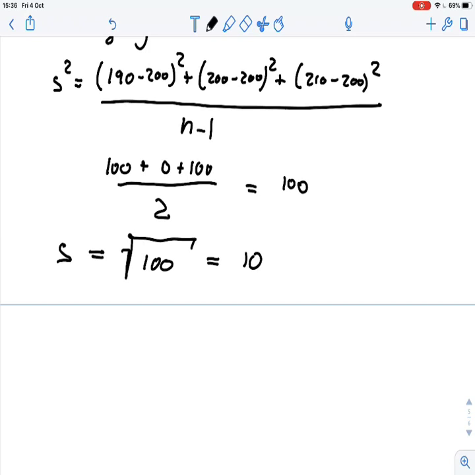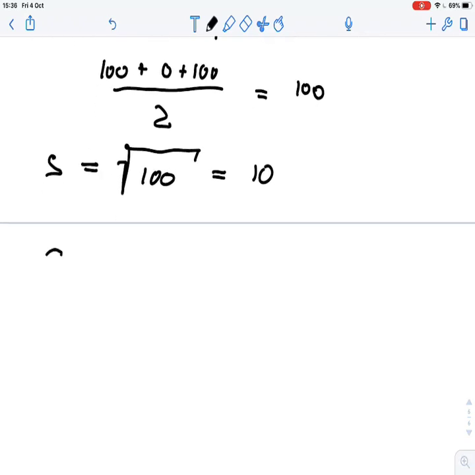Well, actually, we are not terribly interested in a standard deviation in the case of the sample, because for a sample we can now go on and calculate a confidence interval. And I want you to do that as well. So, confidence interval for this sample.